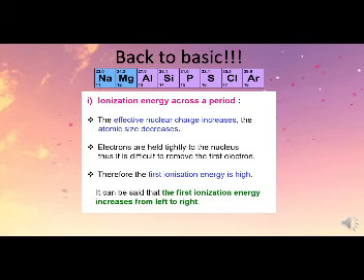So we must go back to the basics, the meaning of ionization energy across a period. This is period 3. So the effective nuclear charge increases, the atomic size decreases. Electrons are held tightly to the nucleus, thus it is difficult to remove the first electron. Therefore, the first ionization energy is high. It can be said that the first ionization energy increases from left to right.